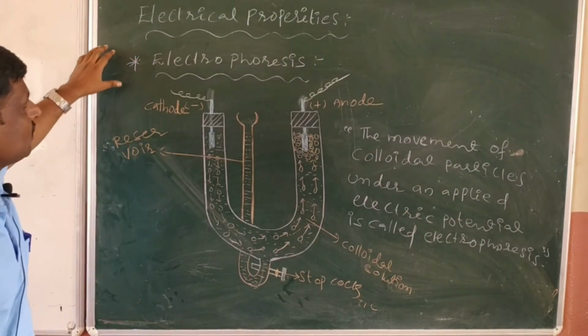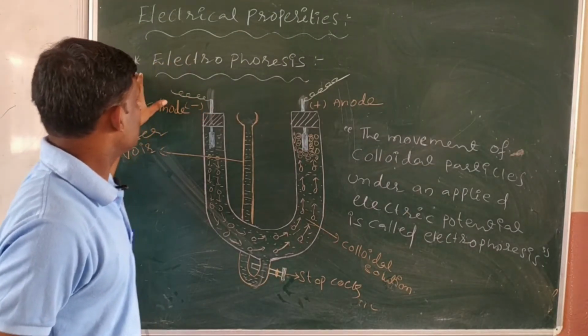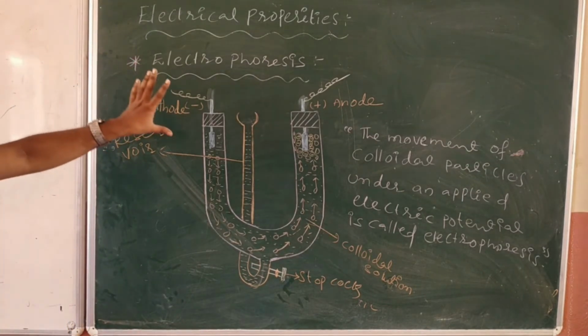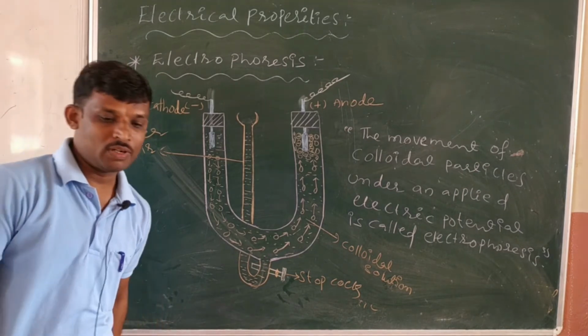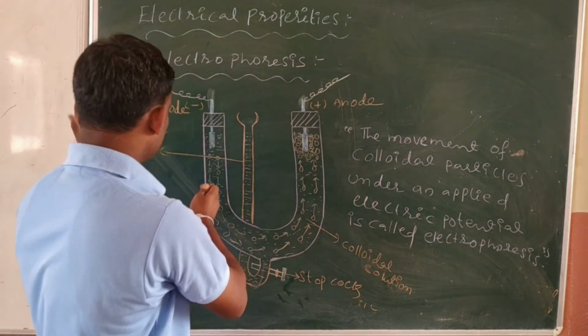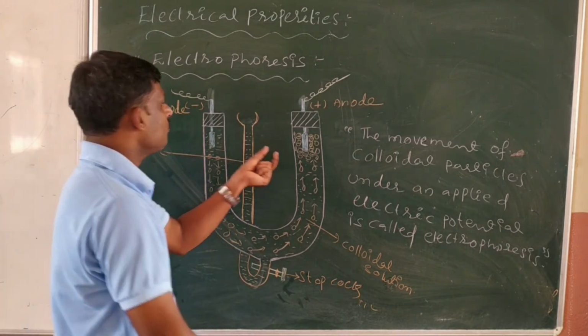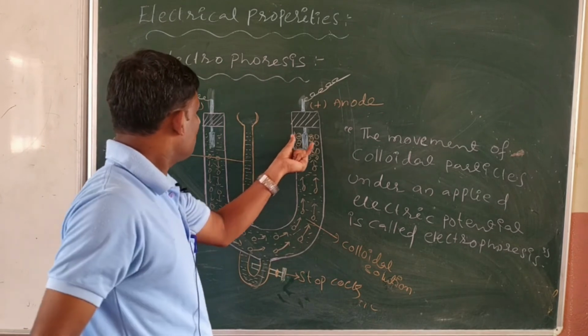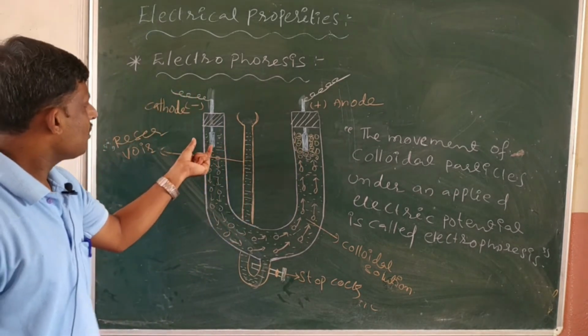Electrical properties of colloidal solutions: we are going to discuss electrophoresis. What is electrophoresis? Suppose I am taking the colloidal solution in a chamber and keeping electrodes, here platinum rods.